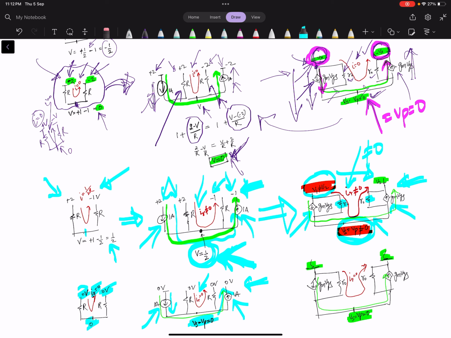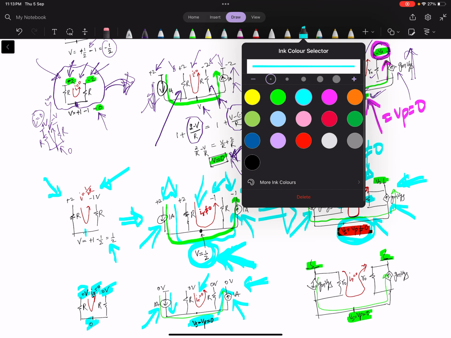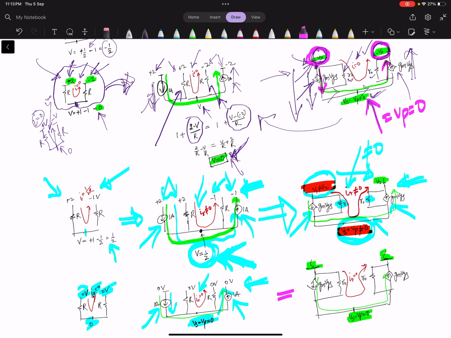You can visualize this in this way also, that you have this potential 0 and this potential 0, and there is some current source here and some current source here, equal and in opposite direction. Then because this is 0 volt and this is 0 volt, there will be no current here, IR is equal to 0.